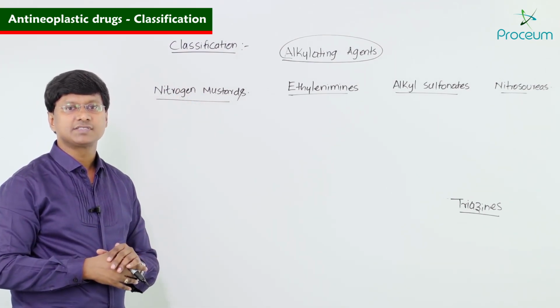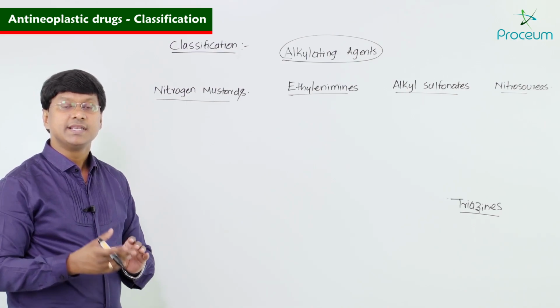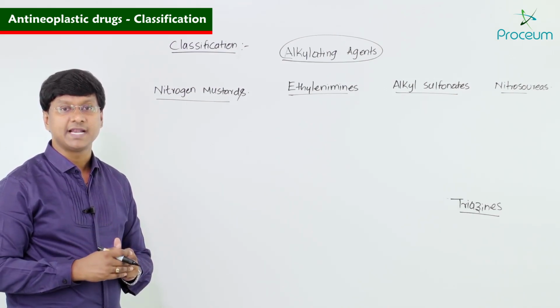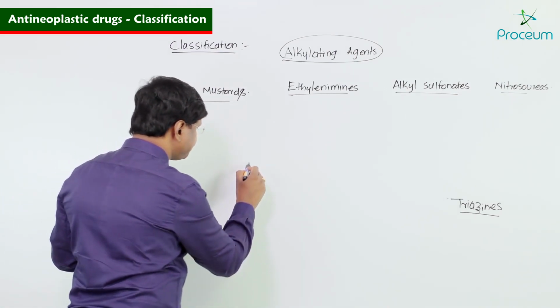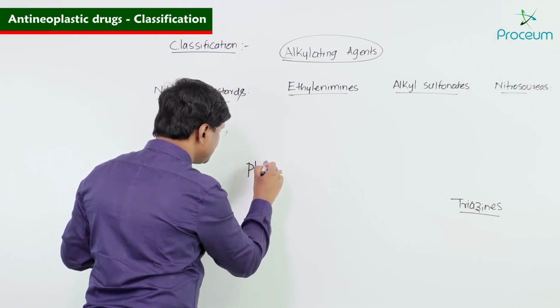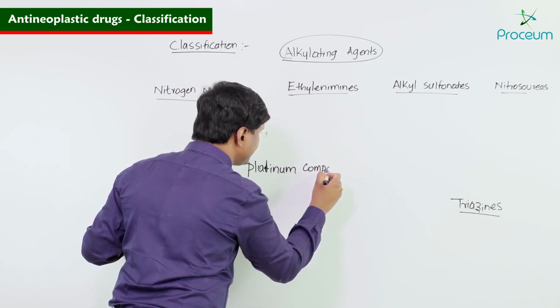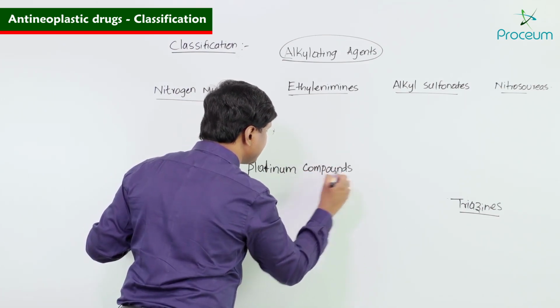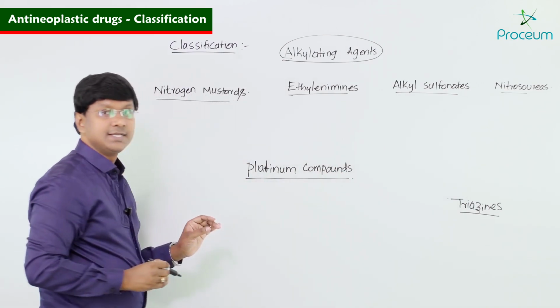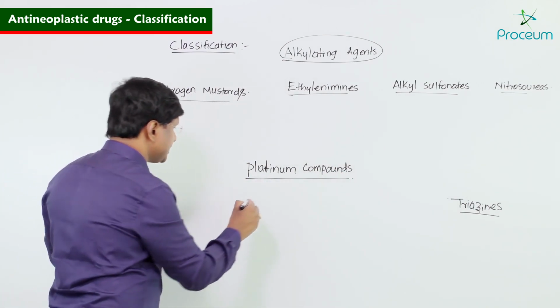Now after having discussed the alkylating agents, next we have the platinum compounds. So the second group is your platinum compounds. We have only 3 drugs under this group.